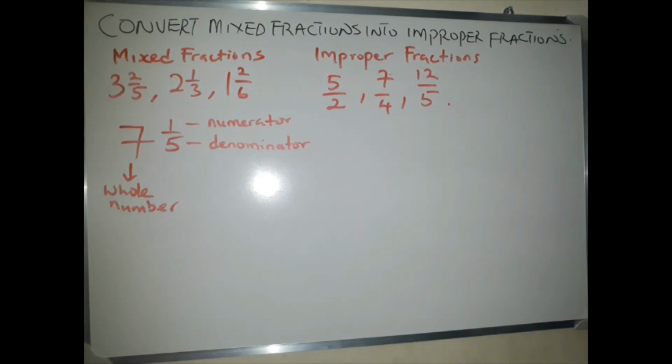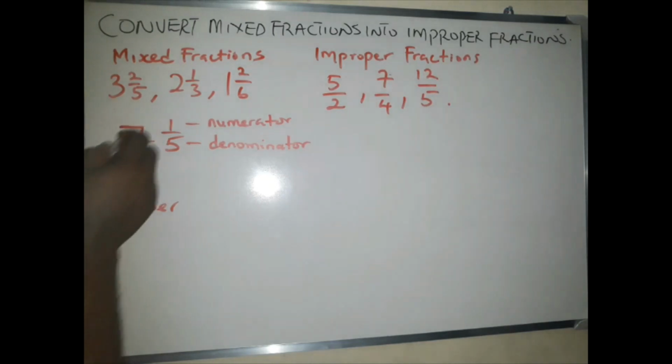Now, the first step is you have to multiply the denominator with the whole number part. In converting mixed fractions into improper fractions, the first thing you do is to multiply the whole number with the denominator part.